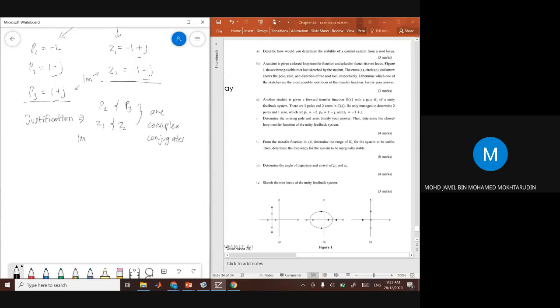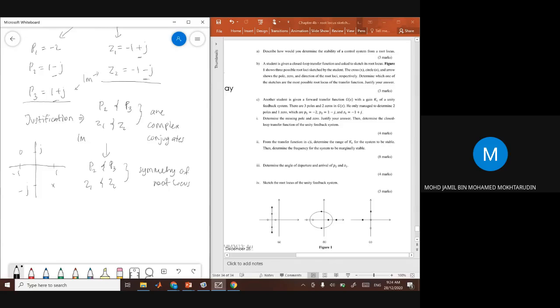Or you can also answer that P2, P3, Z1 and Z2 must satisfy symmetry of root locus. So if you sketch the poles and zero, one of the poles is here, and the other zero is here.